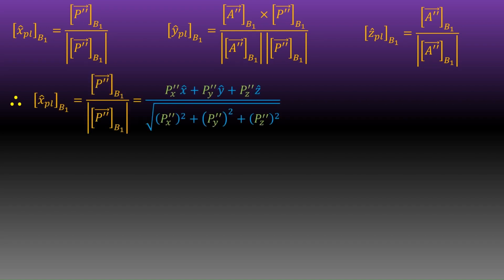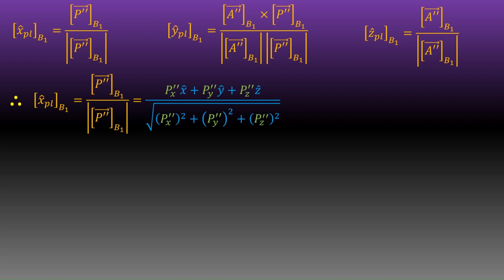So more specifically, we have x hat PL expressed in terms of the B1 as this linear combination of x hats, y hats, and z hats, which are again the unit vectors within the B1 coordinate system, the XYZ Cartesian coordinate system.